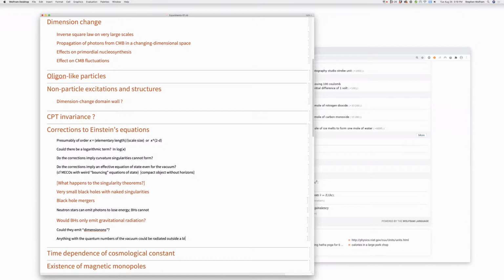So then the question is, are there excitations in the... we might call any classical excitation of the vacuum a gravitational wave.